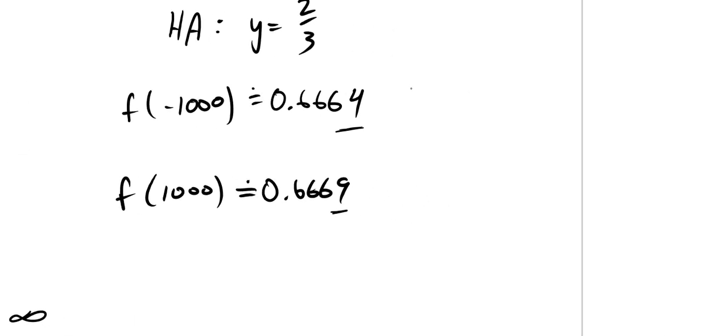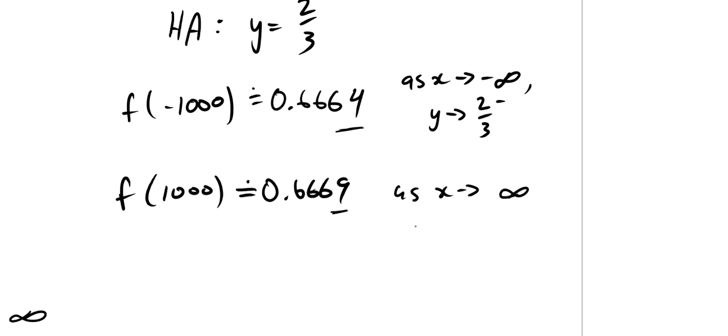So that means as x goes to negative infinity, y is approaching 2/3 from below. And as x approaches positive infinity, y is approaching 2/3 from above. I've got all my concluding statements. I've got my intercepts. Got basically everything I need. Now I can sketch.